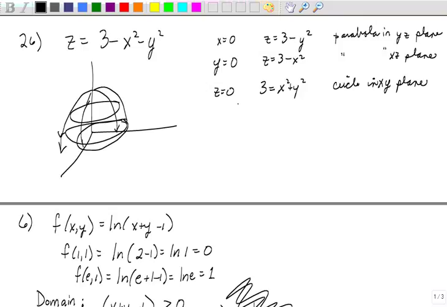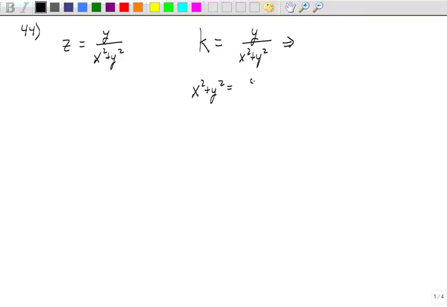Okay, one more. Let's try 44. It says draw a contour map. So those are the level curves. Okay, these are circles because we're going to complete the square.